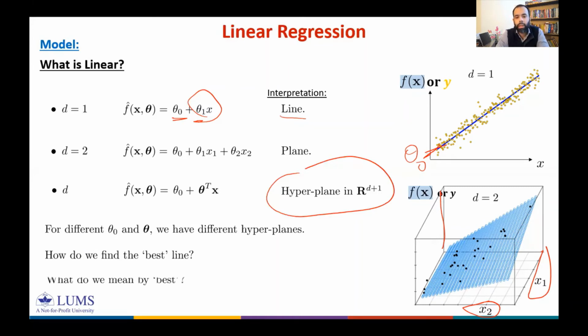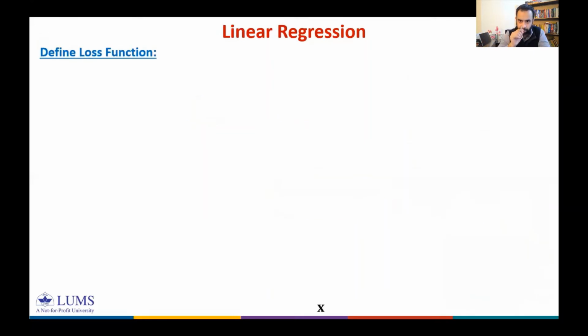What do we mean by best? To answer these two questions, we will define a loss function. That loss function will help us in quantifying what we mean by best. And once we solve it, we will find the best line. So let's define what we mean by loss function.